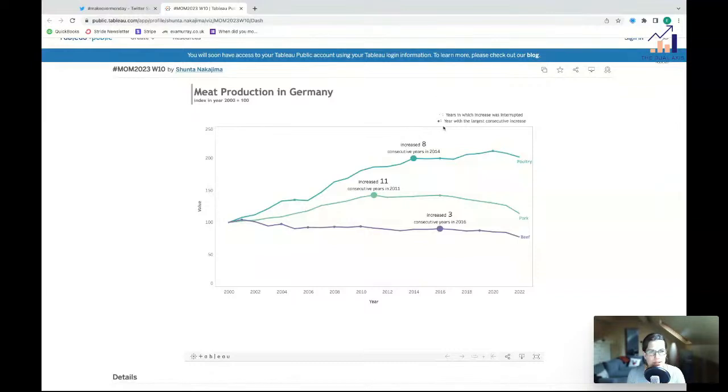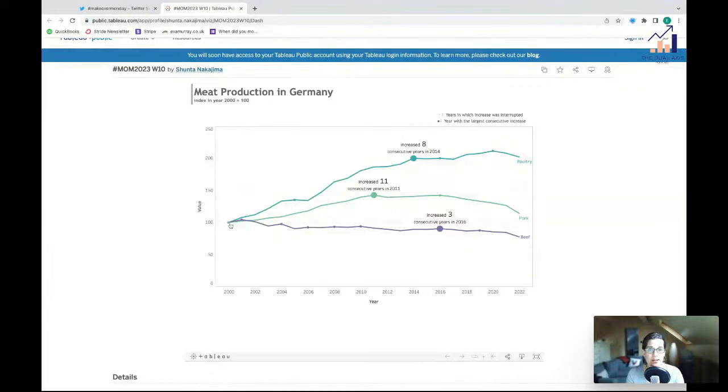There's two different dots. The small dot is years in which the increase was interrupted, and the larger circle is the year with the largest consecutive increase. But why does that matter? I can see here the index is 100, so we're comparing everything to 2000, but I only know that because I know how to interpret it.